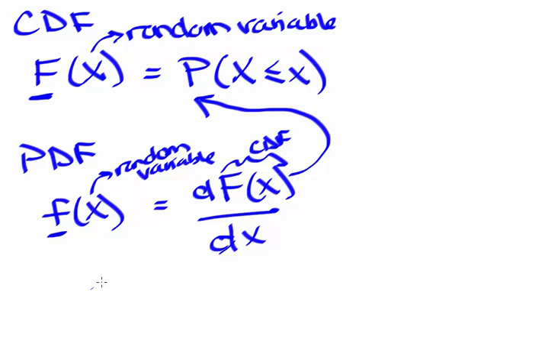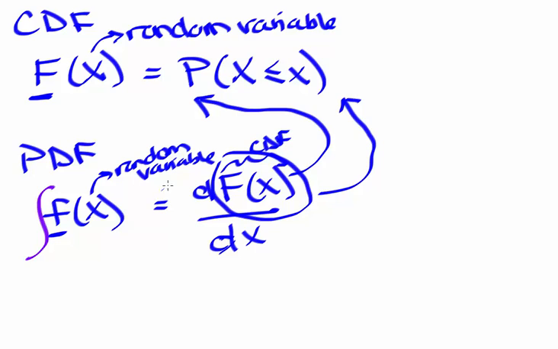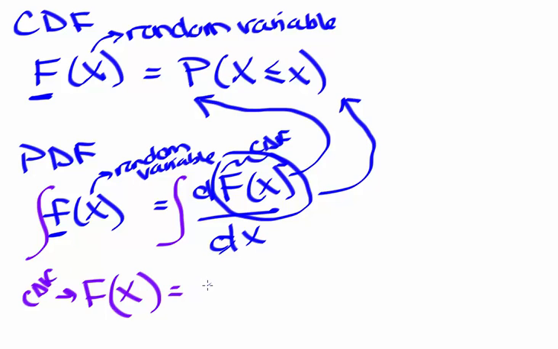So how can we ultimately solve back for F of x so that we can use this to get back to that probability? We take the integral. So what we find is that F of x, again our CDF, can also be described as the integral from negative infinity to x of the PDF.